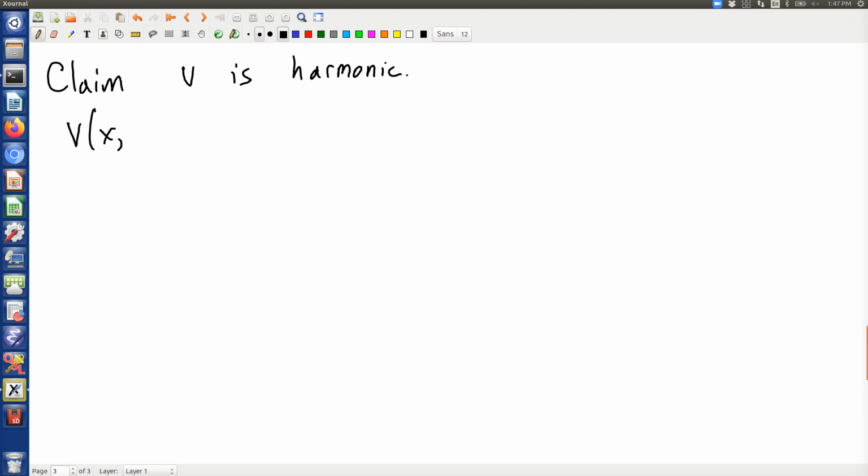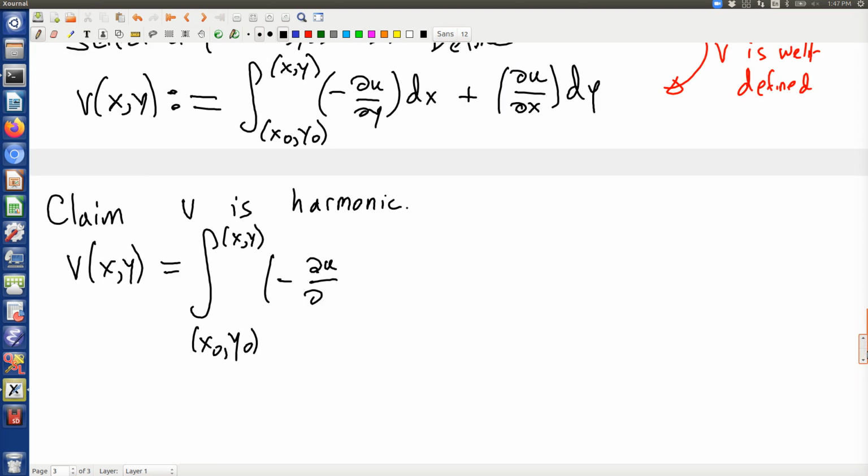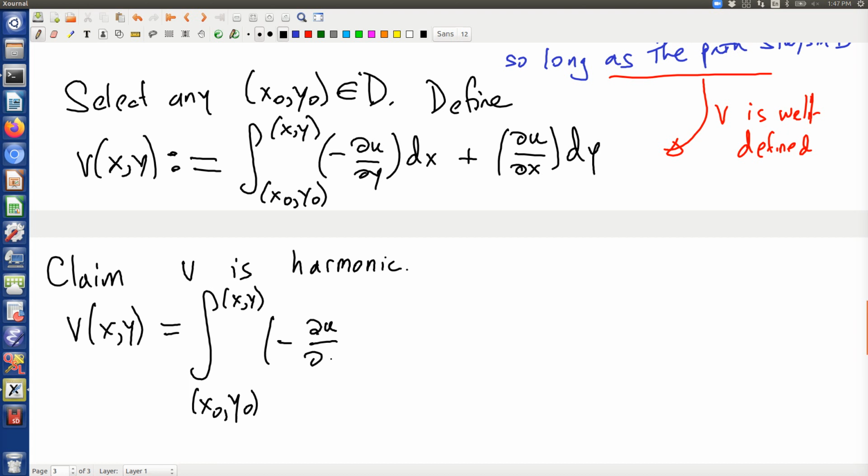Put that definition again, and here I'm going to write it out with s's and t's. The first slot here is a y, so I'll call that t, and this is of s and t, ds.